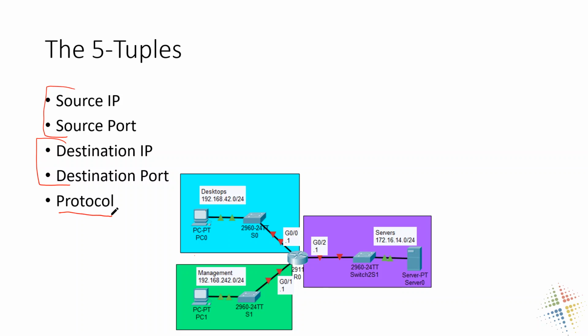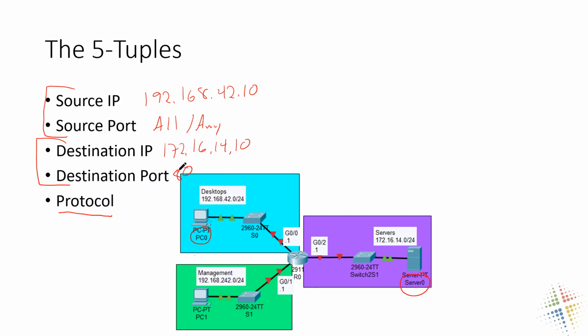For example, if we wanted to allow PC0 to access server 0, let's say PC0's IP address is 192.168.42.10, and let's say it's the client, so its source port should be all or any. The destination IP is going to be server 0, so let's say that is 172.16.14.10, and the destination port, let's say we want port 80.